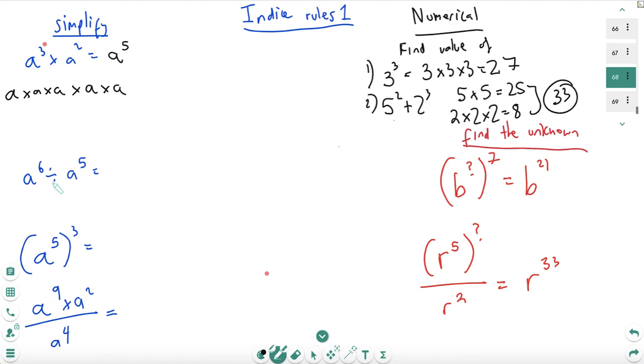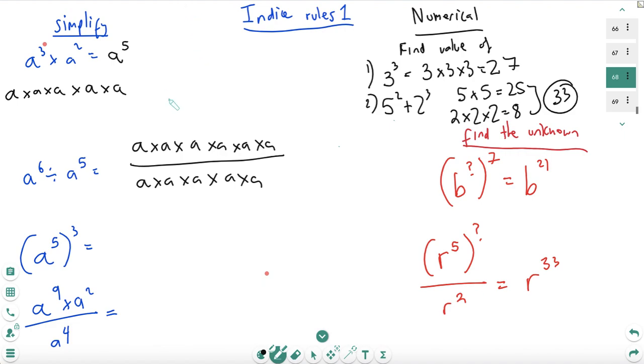The next rule is the division rule. Well, a to the power of 6 divided by a to the power of 5. Let's draw this out. Well, a to the power of 6 means a times a times a times a times a times a. And we're dividing that by a to the power of 5, which means a times itself 5 times. Well, now we can cancel out the a's in common.